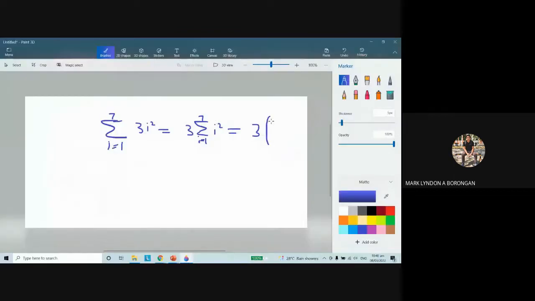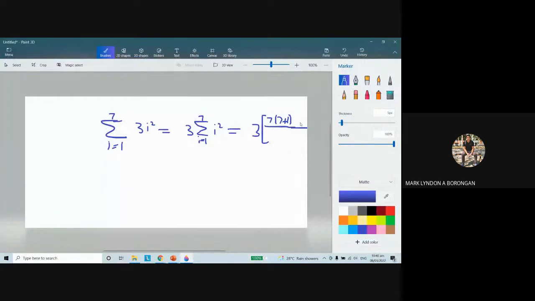n times n plus 1. So for this n times n plus 1, we use brackets. So n times n plus 1, where our n is 7 times 7 plus 1, times 2n, so 2 times 7 plus 1.